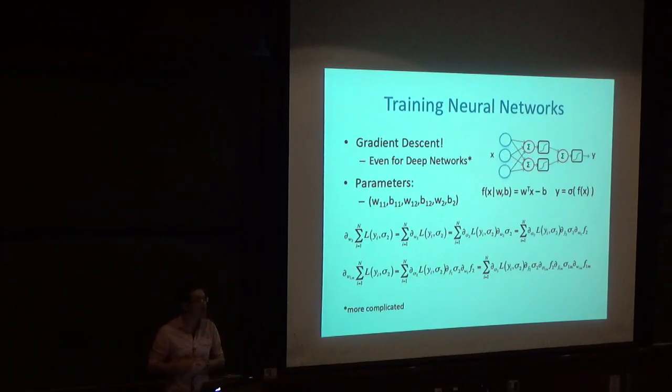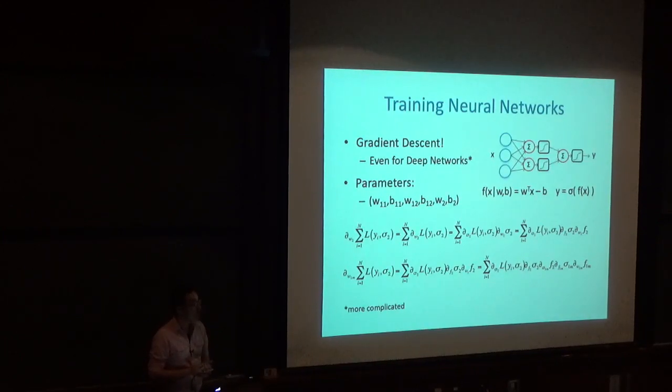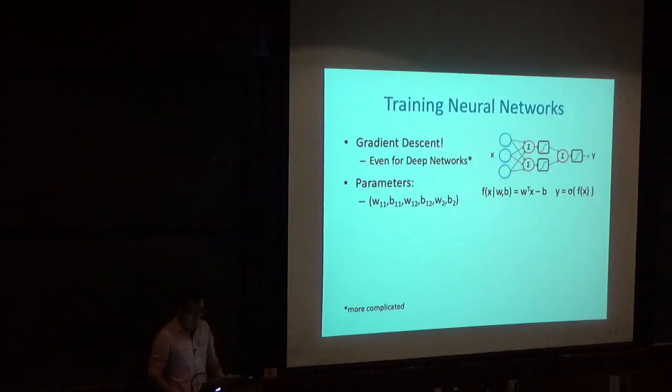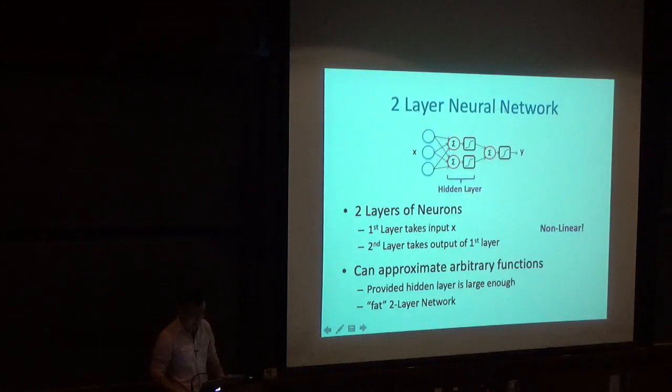Yes? In the previous slide, it said it approximates any arbitrary function. Is that ability limited by how complicated your neural network is? I didn't tell you how many units you needed to do this.